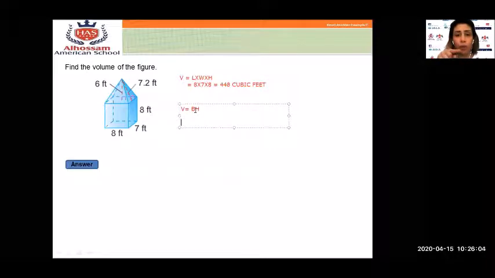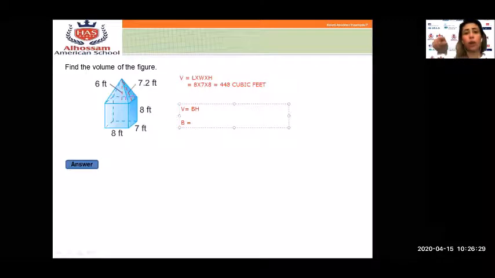So what is the base? It's not a square, it's a rectangular pyramid. So I have to find the area of the base, which is a rectangle. What is the area of the rectangle? B equals 8 multiply 7. Yes, 8 multiply 7. This is the area, length by width.